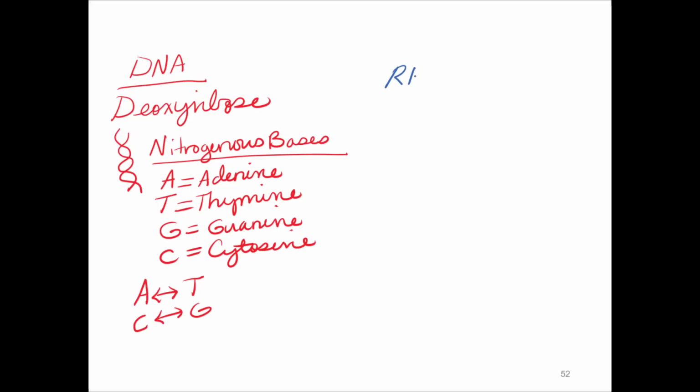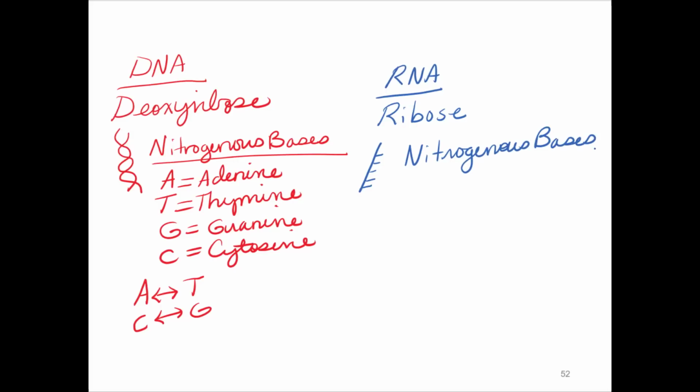So then we've got RNA, which is also made of a sugar phosphate backbone. The sugar is ribose, and RNA is a straight chain rather than a double helix. It too has nitrogenous bases, or those letters, and they are mostly the same.